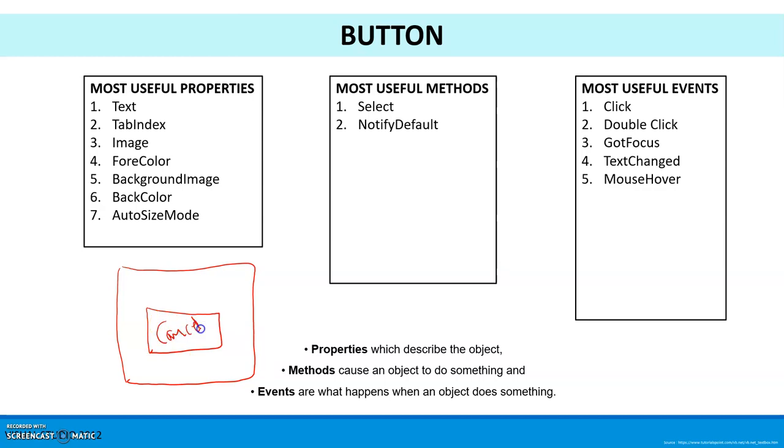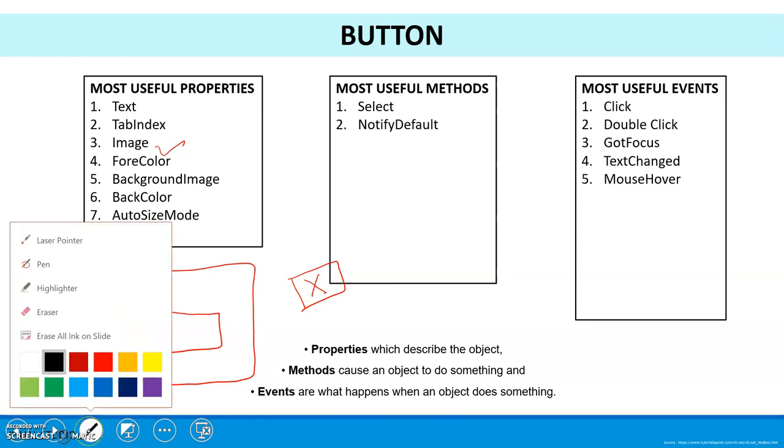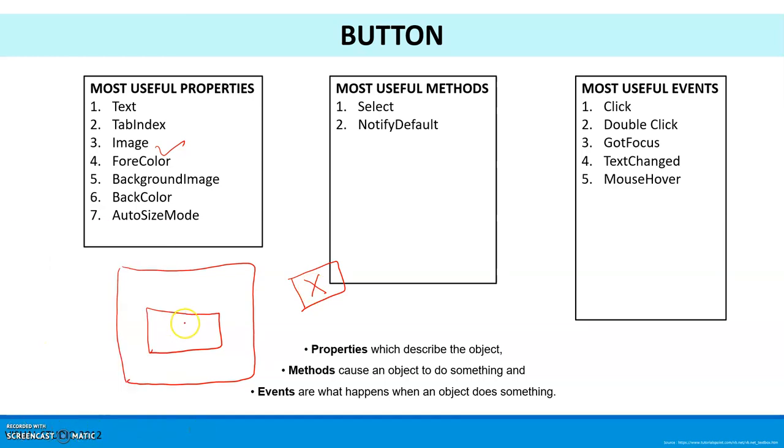You want to cancel something. So this cancel is a text, but what if I don't want to use the cancel text? I can also use an image. Let's say I have this image, cross. So yes, I can, let me erase this cancel text, and now I can place this image over here. So instead of the text you can also use the image.